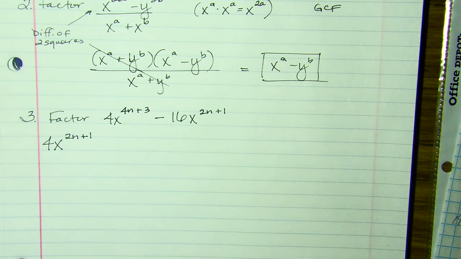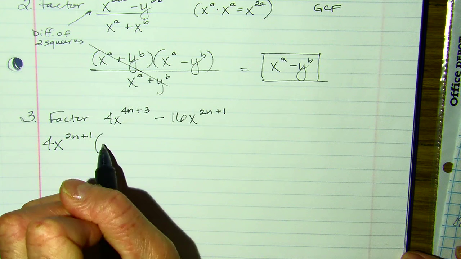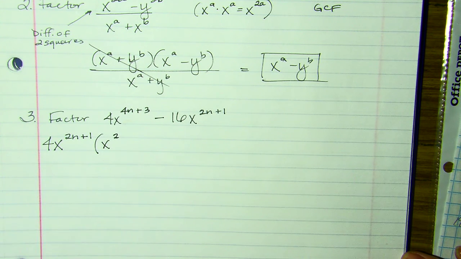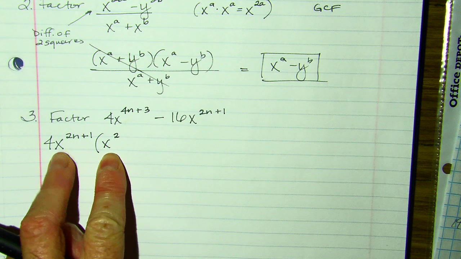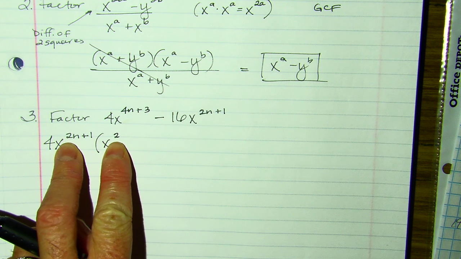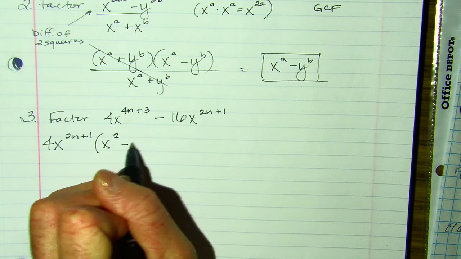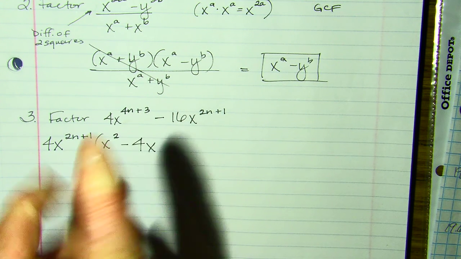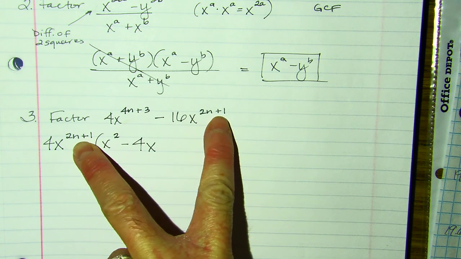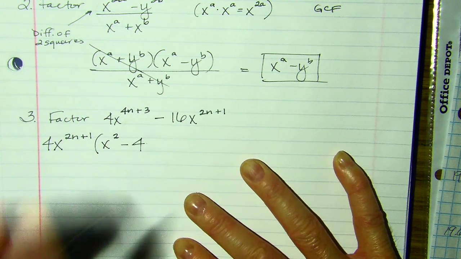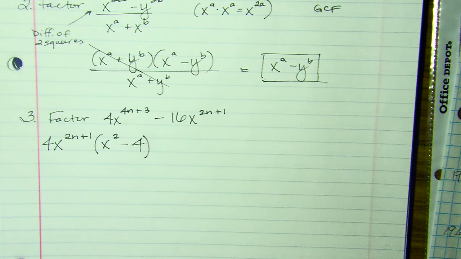So left inside for this one would be x squared, because when I multiply these, I can only combine like terms. 2n plus, the like terms would be 3, minus 4x. I already have the 2n and I already have the 1, so this is actually just x squared minus 4.